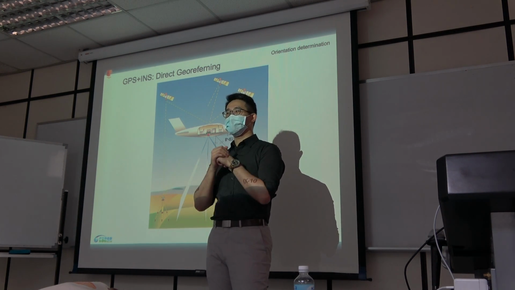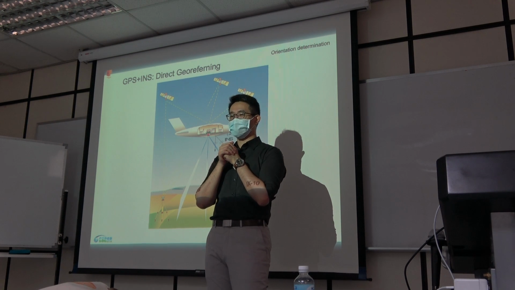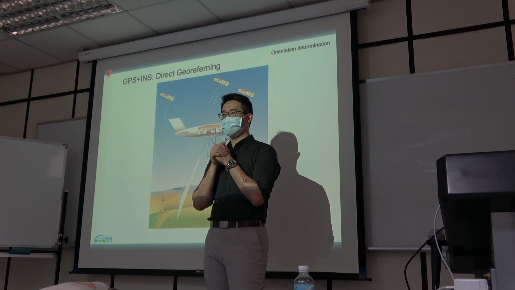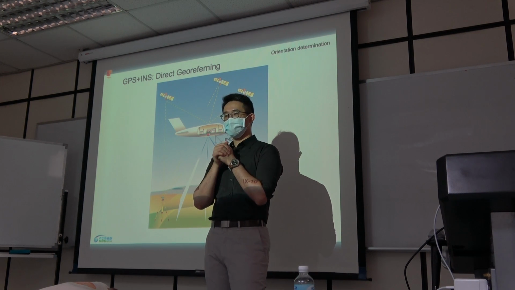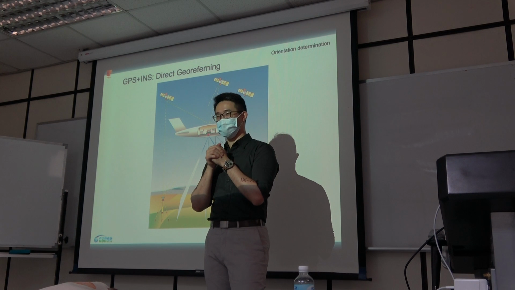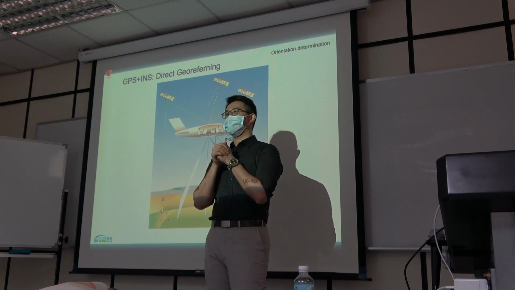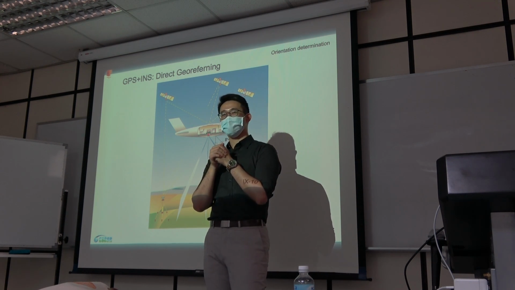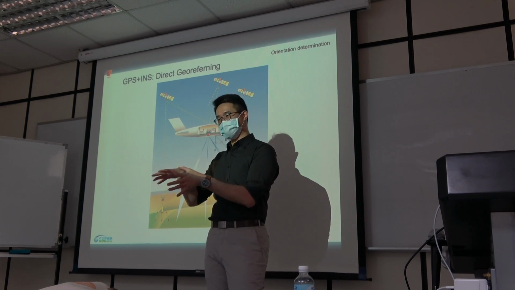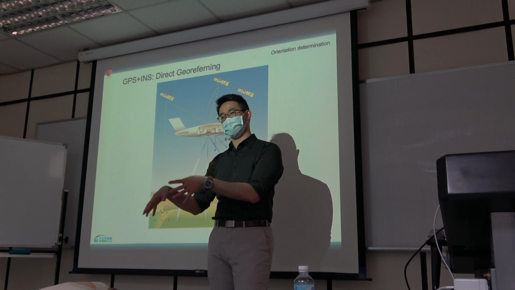Formosat-2, at the beginning after it launched, the direct georeferencing error was, from what I remember, about tens of kilometers away from the real target. So it's really far away from where you're looking at.